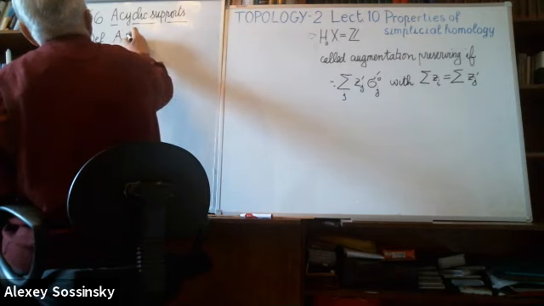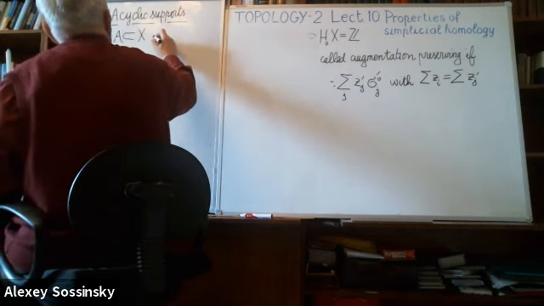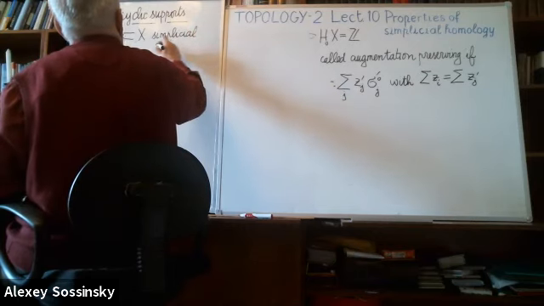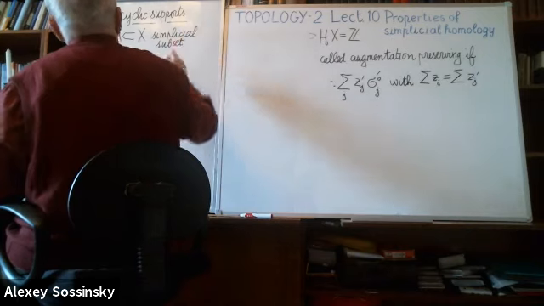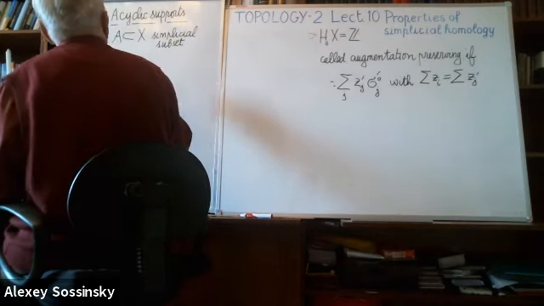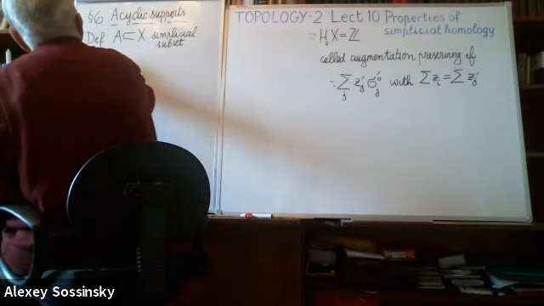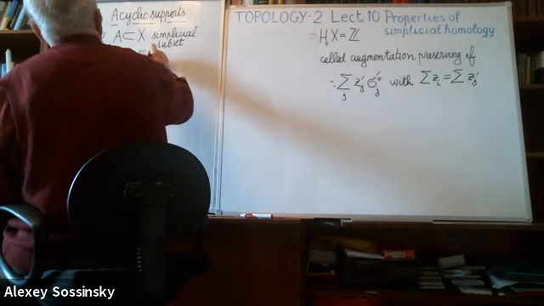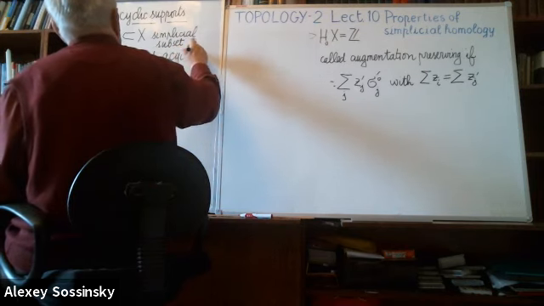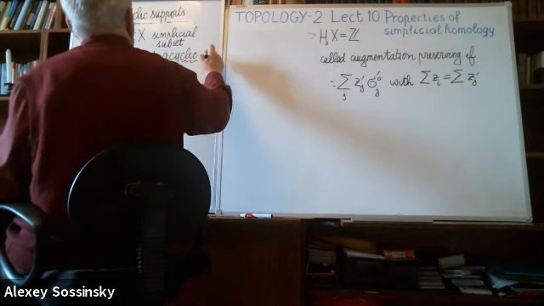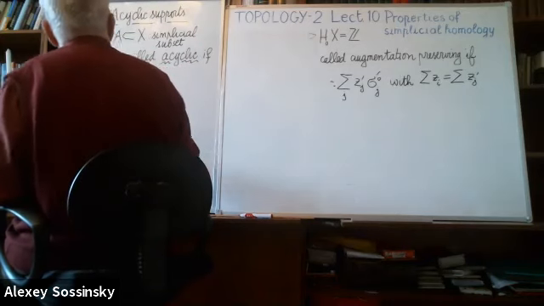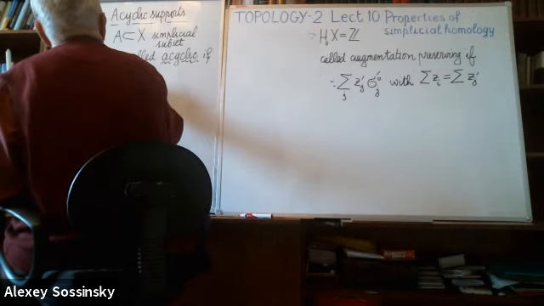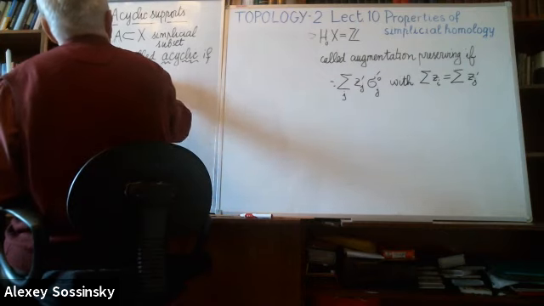Let A be a simplicial subset of a simplicial space X. Then A is called acyclic if for all n, H n tilde of A is 0.